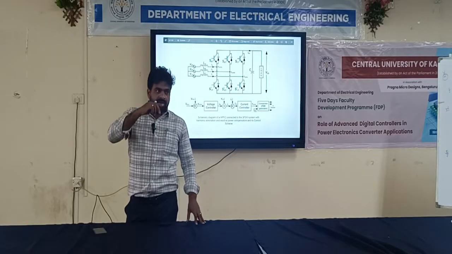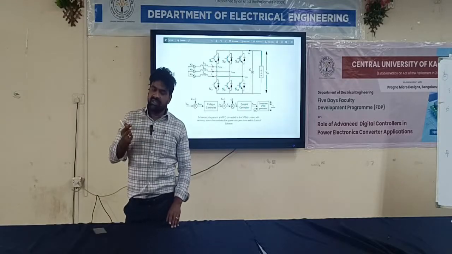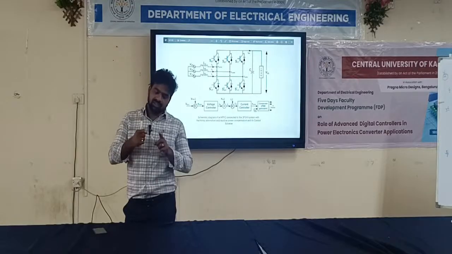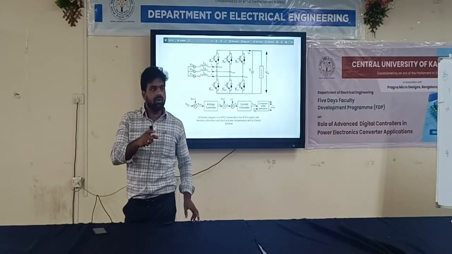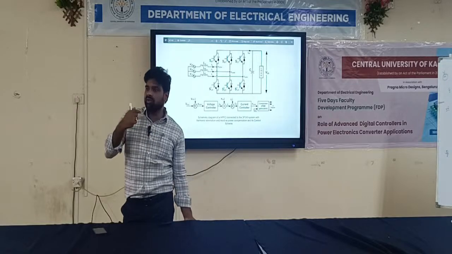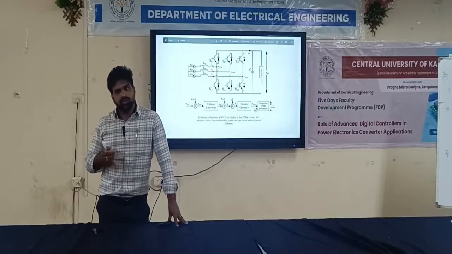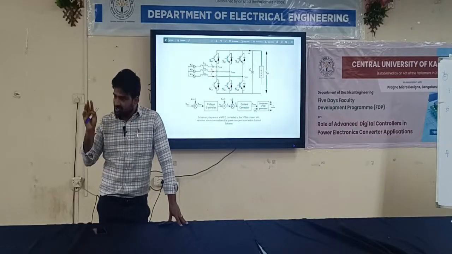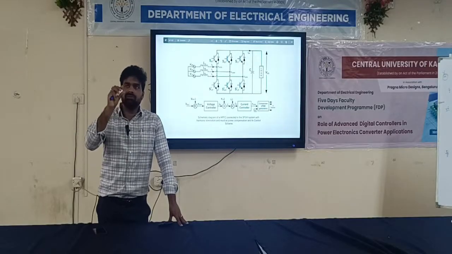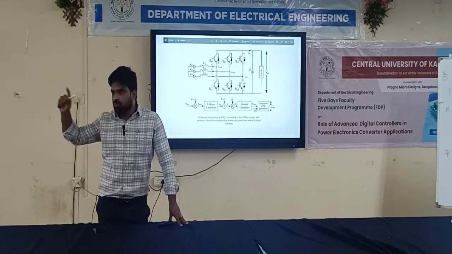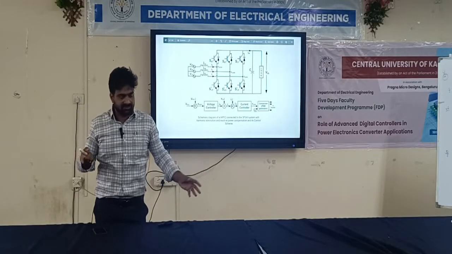When the carrier is there and you are interfacing your reference signal with it, the shape of the output voltage which you require is sinusoidal. So you use the sinusoidal reference and generate the PWM signals, and when you give the PWM signals to the switches, the output voltage will have the same shape as your reference voltages.